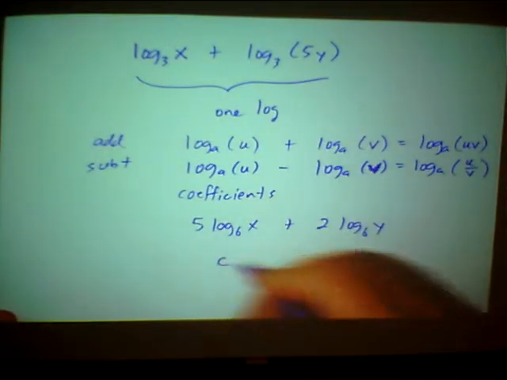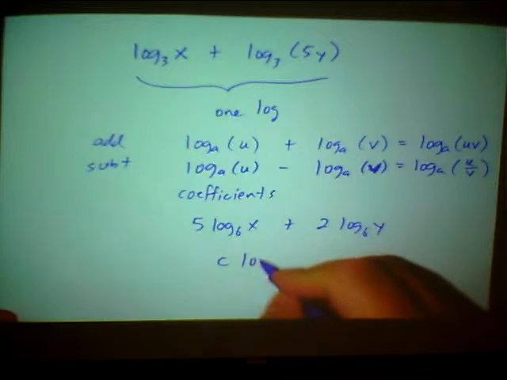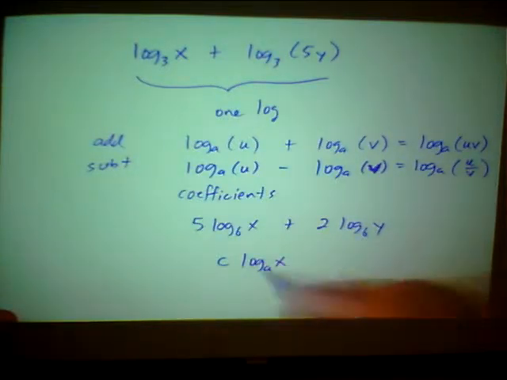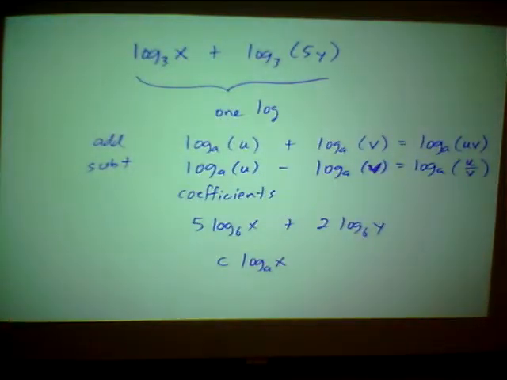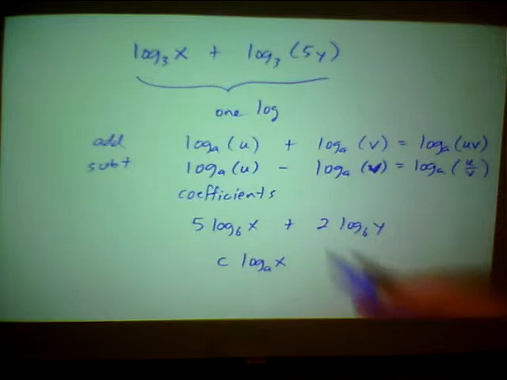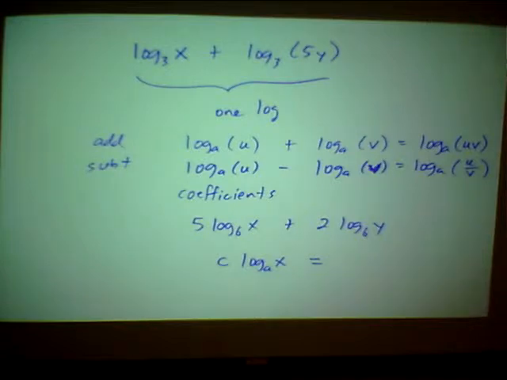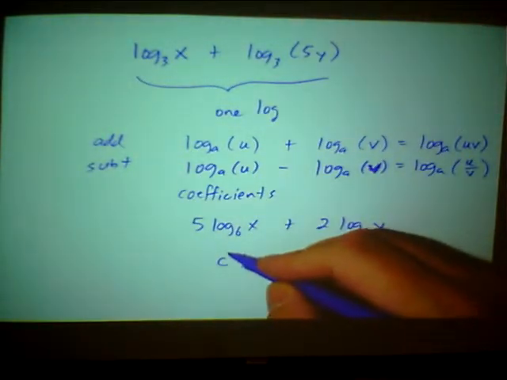So here's an example of a log base A of x and the coefficient c. So c is in front. c times log base A of x. Here's the third rule that's very useful. When you have a coefficient in front of your log, you know what you can do, which is interesting?